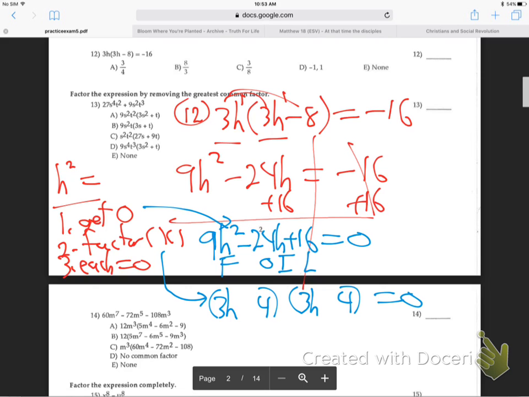Okay. Now, how do you make the middle minus 24h? The OI, the 2 inner, the 2 outer. What's that? 12 and 12. And how do they make minus 24? Both negative. Good. And they do multiply to be plus 16, don't they? 2 negatives multiplied make plus 16. We good so far? It's a messy one, huh?